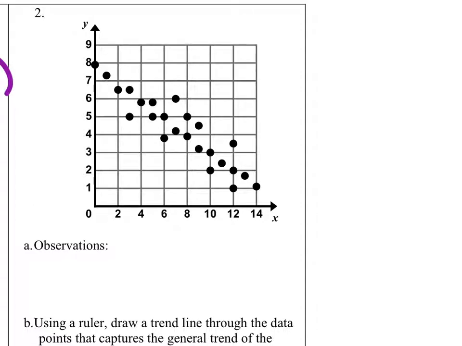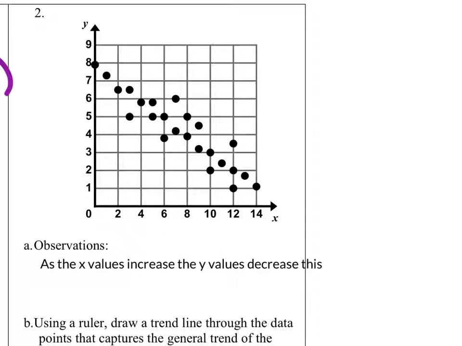All right, observation. Here's the observation that I see on this graph. As the x values increase, that would be going to the right on the graph, the y values on this one decrease.